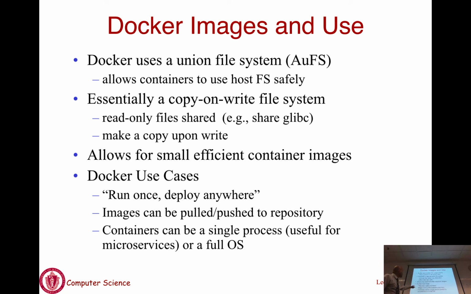So there are many use cases. We talked about this once. Essentially, once you create the container, you can deploy it anywhere. You can push images to a Git repository and pull it from there and get the latest version by just refreshing your Docker image. It will pull the latest changes and apply them to the Docker image, and suddenly you have a new version of your Docker container based on whatever the developer has pushed to you.